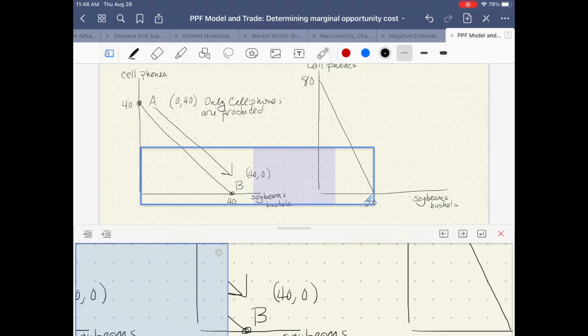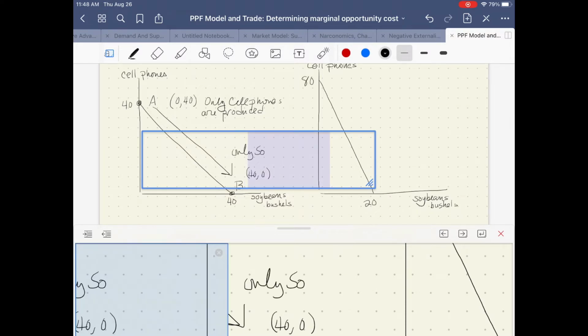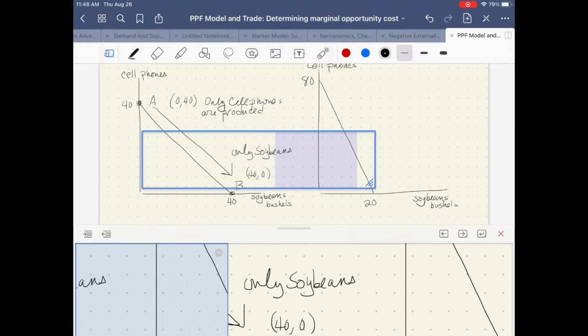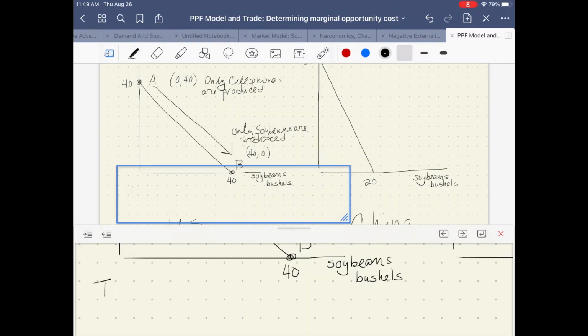In other words, the opportunity cost of 40 bushels of soybeans would be 40 cell phones. So the total cost of 40 bushels of soybeans would be 40 cell phones, total opportunity cost.